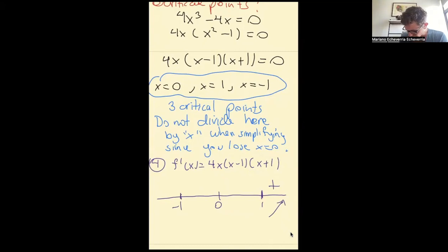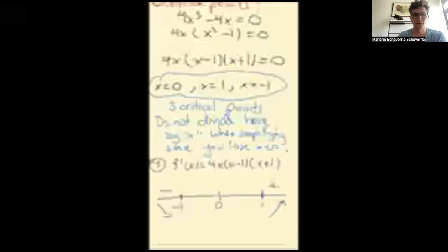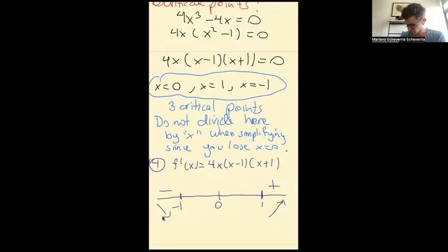If you choose something like -2, this would be negative, negative, and then negative. So 3 negatives. Yes, so it should be negative. And then you just have to figure out the other two.